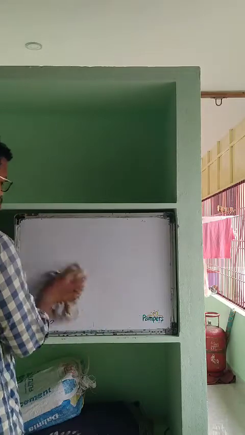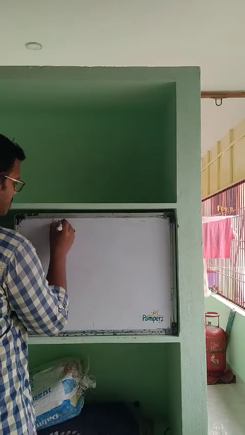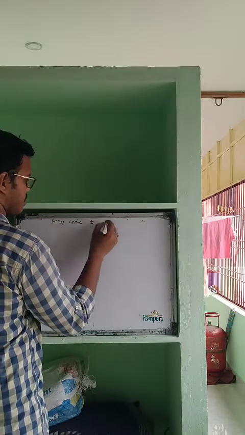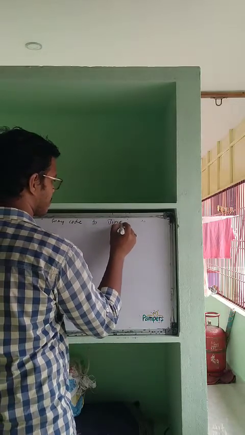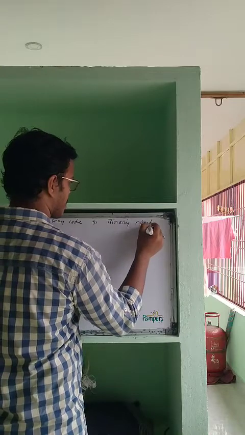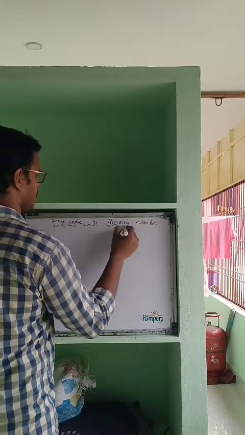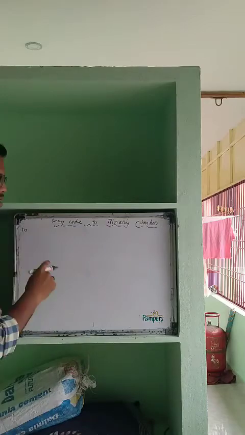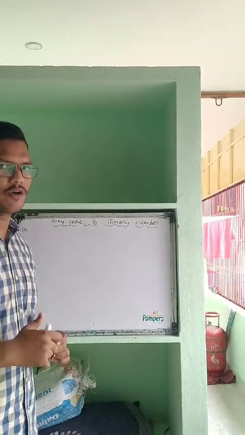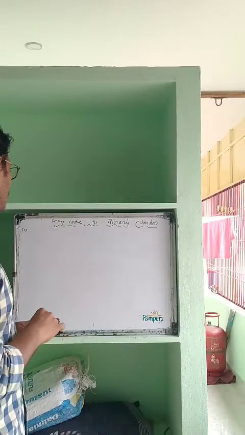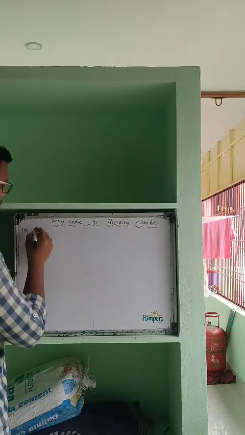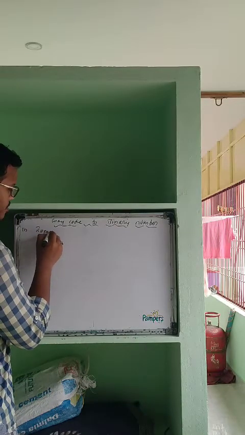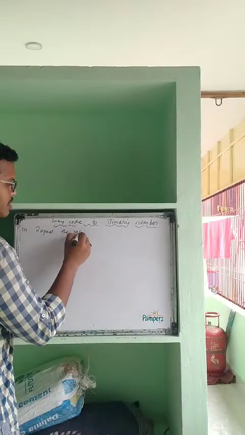Now our job is to convert the gray code to the binary number. In this conversion also we have three important points to remember. First, repeat the MSB as it is.